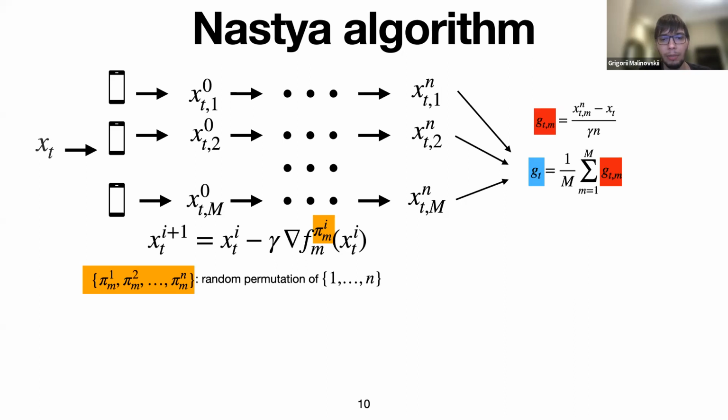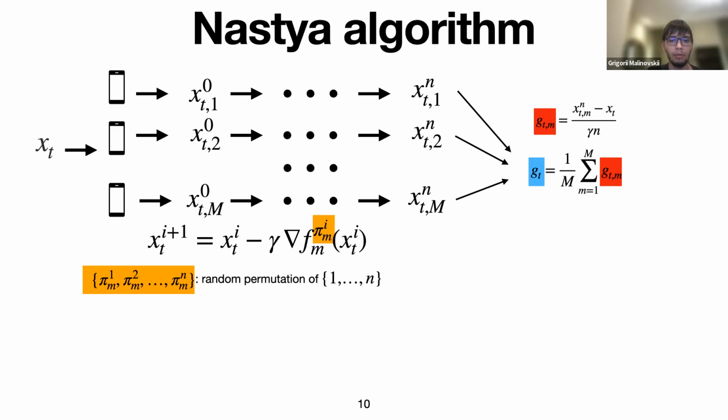Using the updated local model XNTM, we can scale the difference between the updated local model XNTM and XT by a factor of gamma n, and this GTM can be seen as a stochastic estimator of the local gradient of some client, and I will explain why later.